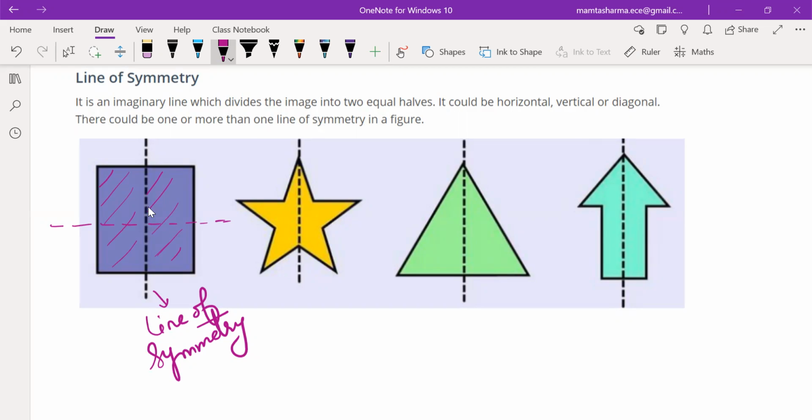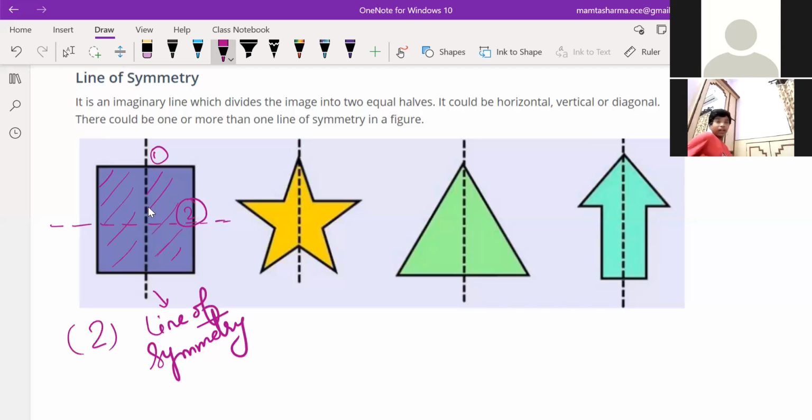For a rectangle, we can draw two lines of symmetry to divide it into two exact halves. Now, this is a star shape. If I draw a vertical line, this one, does it divide the star into two equal shapes or not?